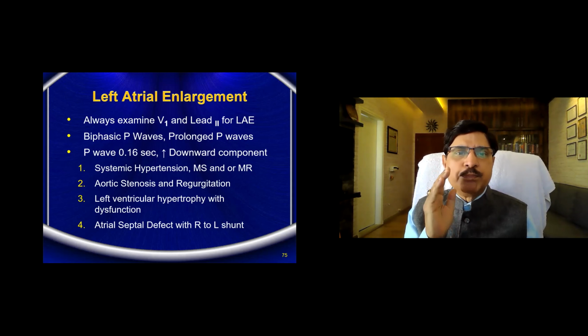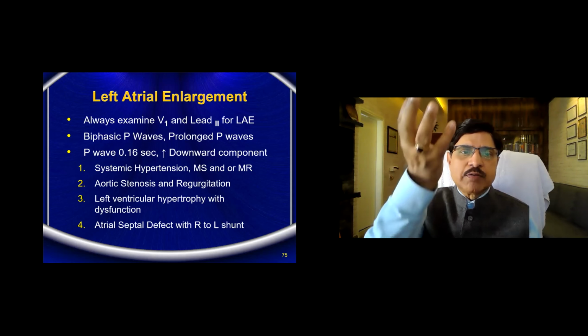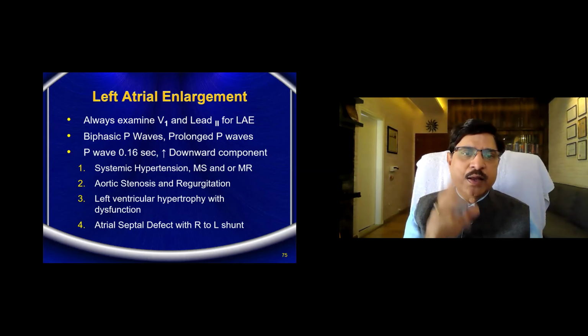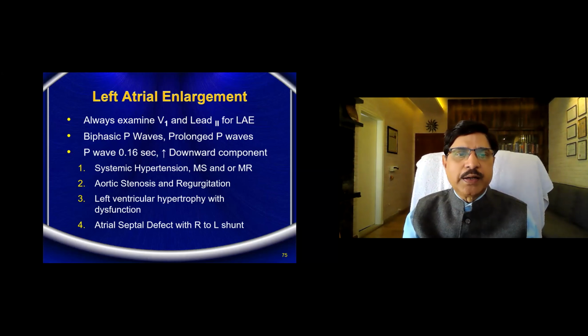This is called P mitral, in fact, while the right atrial one is called P pulmonale. Also aortic stenosis, aortic regurgitation, left ventricular hypertrophy with dysfunction. With LV dysfunction, LA pressures increase, LA dilates, and LA enlargement is there. Also atrial septal defect with right to left shunt.